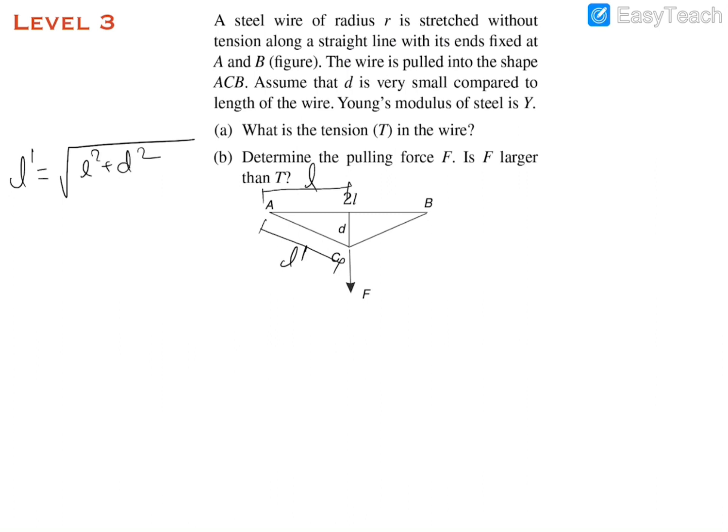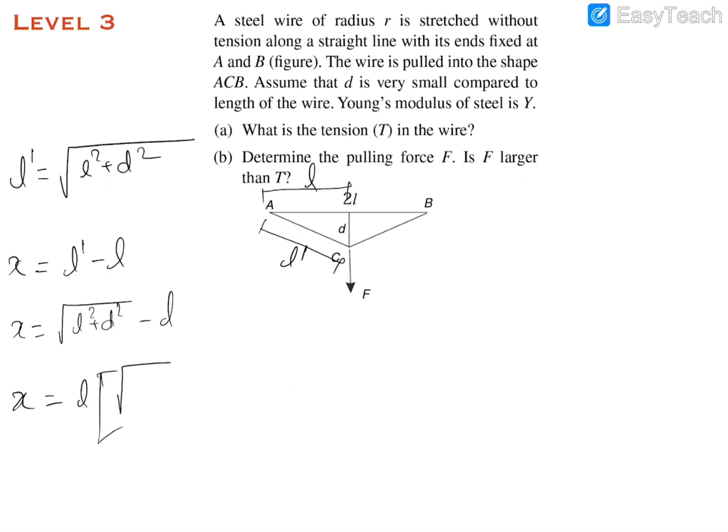And if we calculate the extension developed in a single wire, let's suppose AC, then the extension would be L dash minus L. Therefore, x will be equal to under root of L square plus D square minus L. Taking L as common, x is L times the root of 1 plus D square by L square, minus 1.